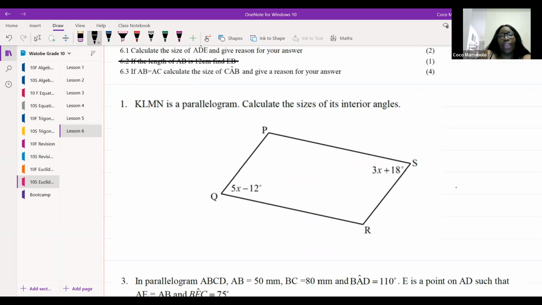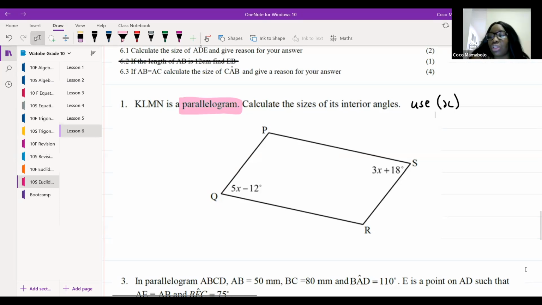It says here that KLMN is a parallelogram. So they've already told us what we need to know. Now it says calculate the sizes of the interior angles, using X. I want you guys to think of all the properties of a parallelogram that will apply here and make sure that you're writing it out properly.